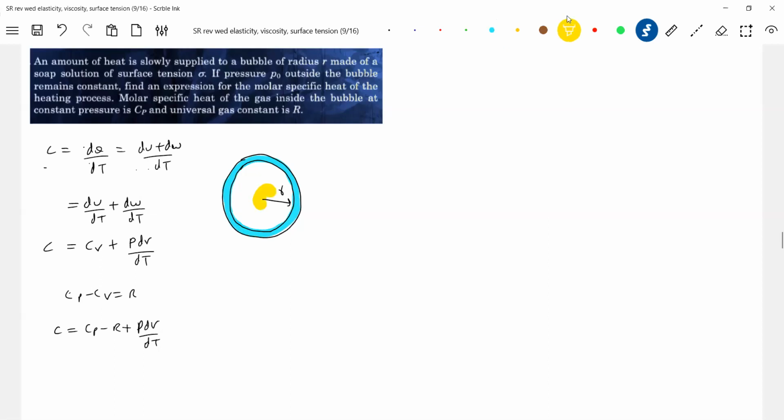This is the air inside which will undergo the thermodynamic process. You have to focus more on the air inside. We are not bothered much about surface tension. This is the air. This will undergo, the gas inside the bubble.